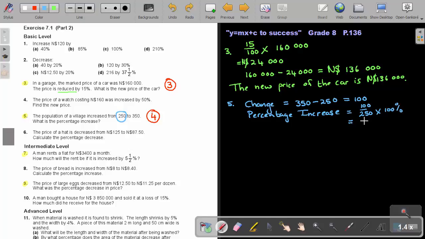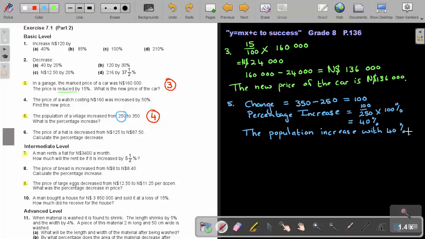And my answer will be 40%. I will end with a sentence because it's a practical sum: the population increased with 40%.